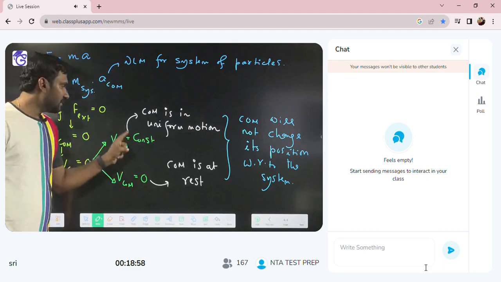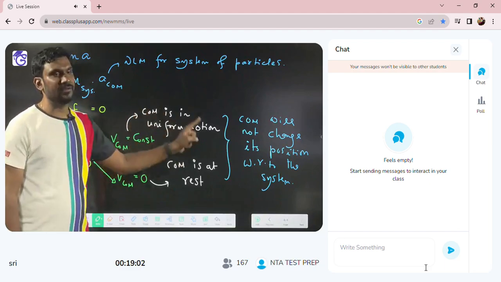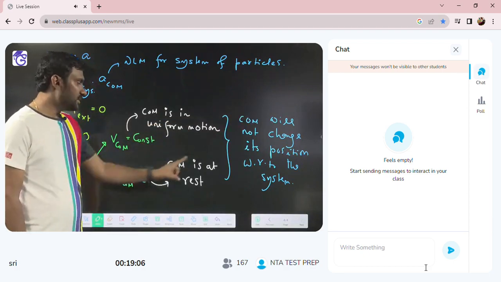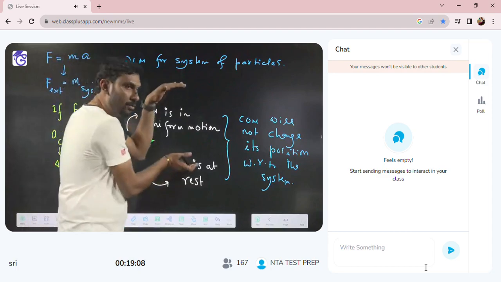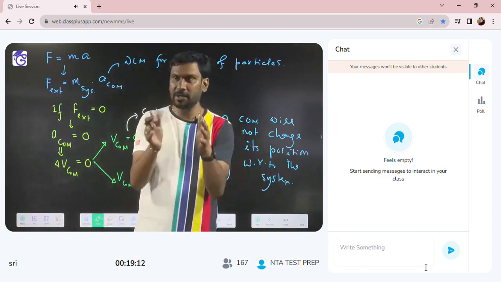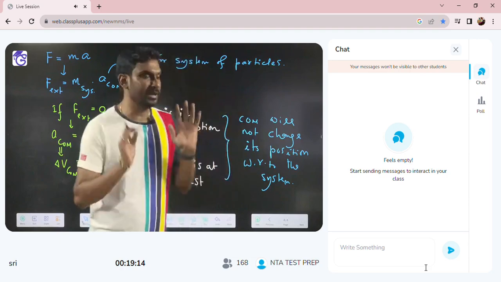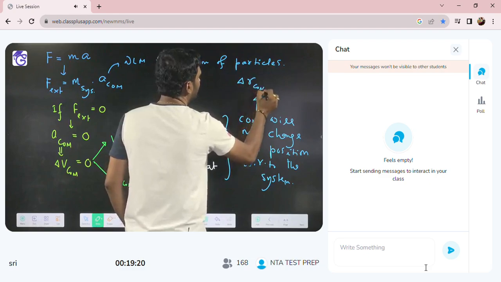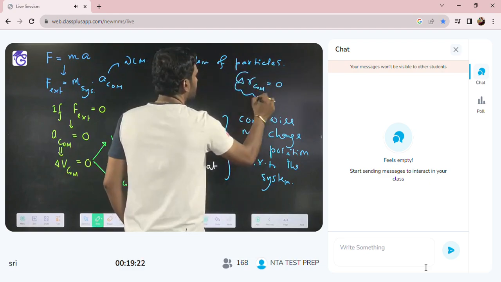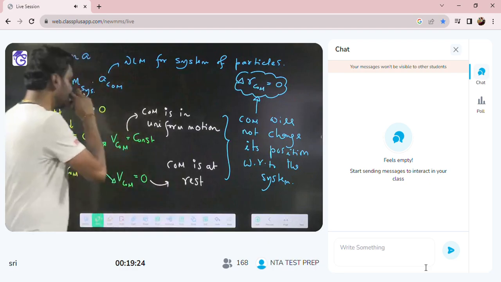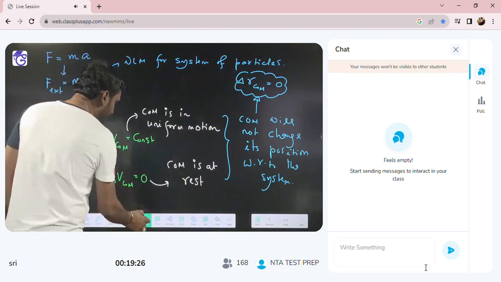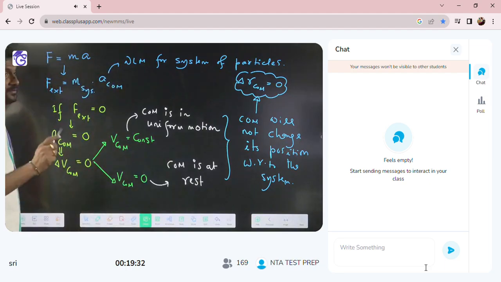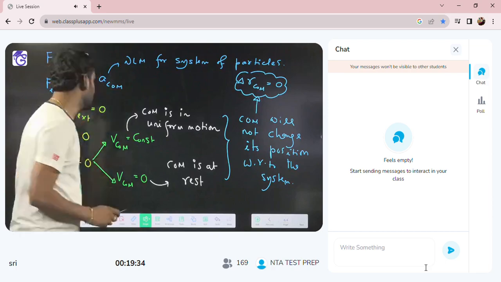If V center of mass equal to constant, center of mass is in uniform motion. It is moving constantly along a straight line. And V center of mass equal to 0 means center of mass is at rest. In both these cases, center of mass with respect to the system will not change its position. That's what we want. It means shift in center of mass is equal to 0.